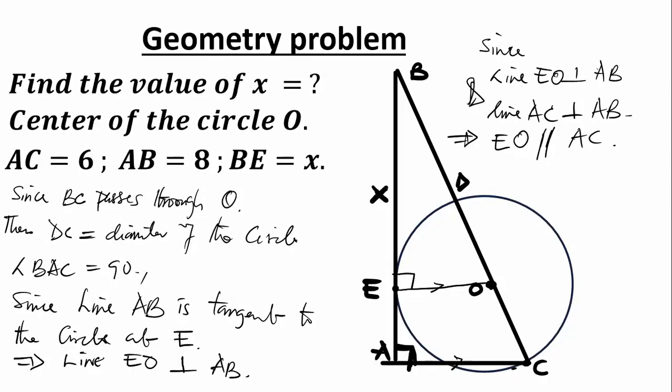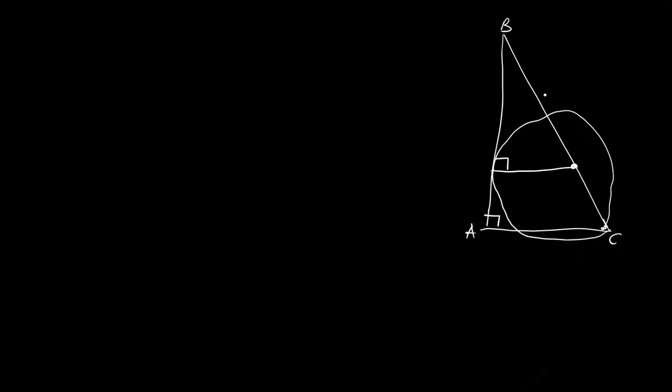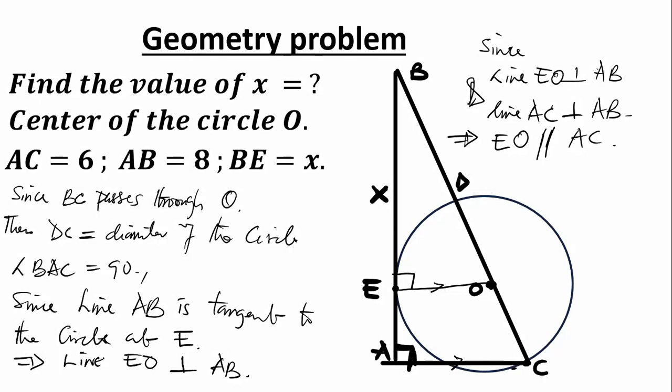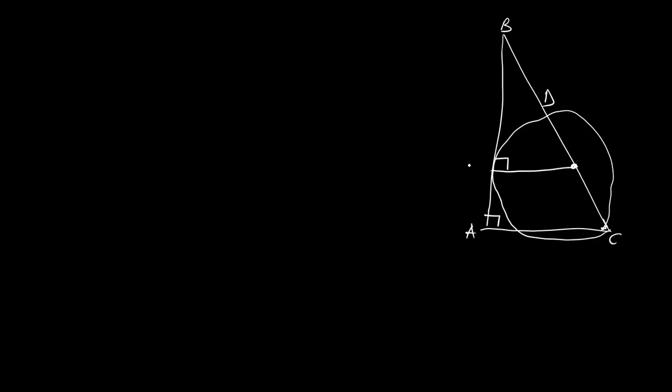Let me draw it roughly here. Here is 90. Here is A, B, C, D here. Then you have E here. This is O.